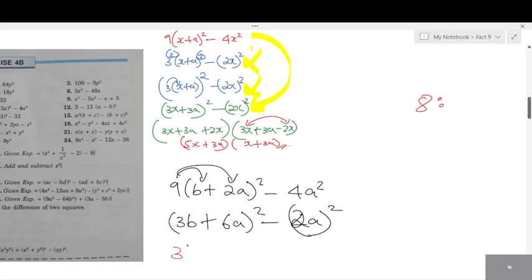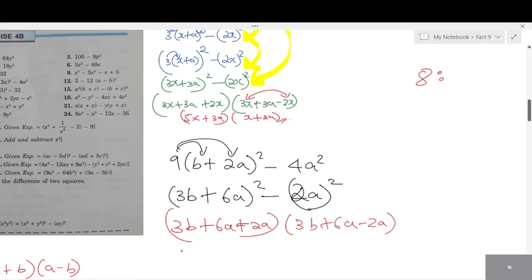The students are done. What is a plus b into a minus b? Plus 2a. 3b plus a minus. Then what are the like terms? 3b plus 4a.